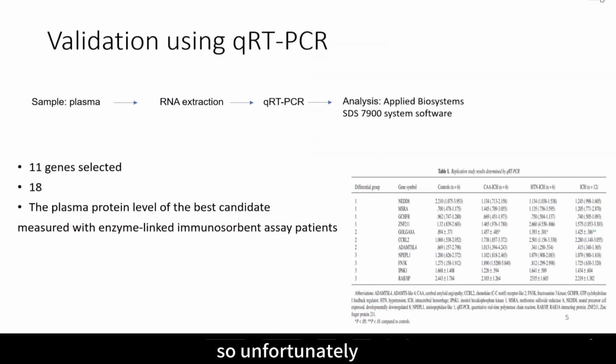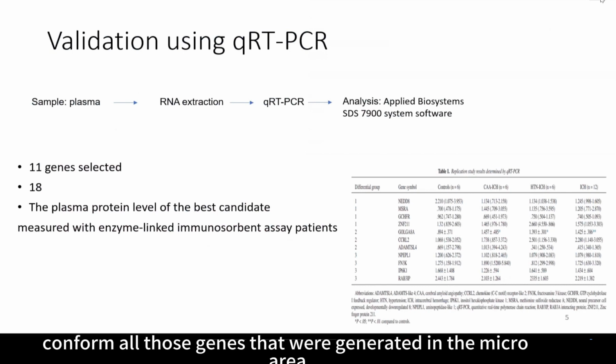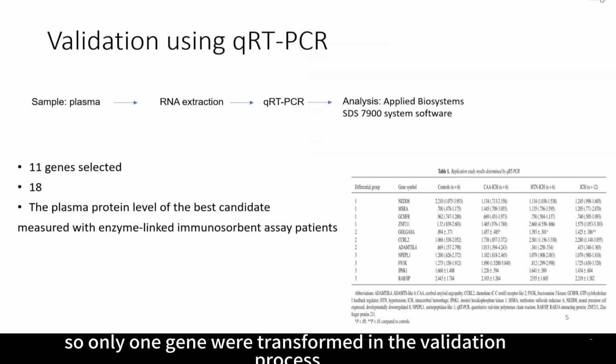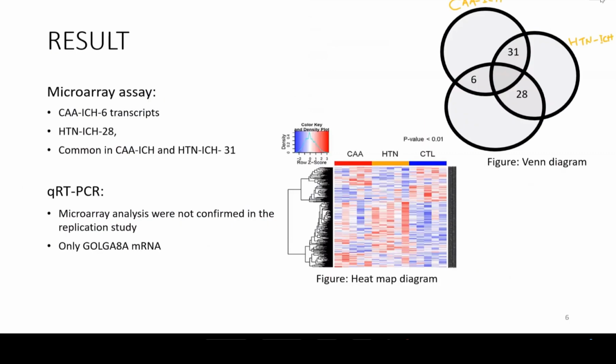Unfortunately, unlike in the microarray, in the validation process they could not confirm all those genes that were generated in the microarray. Only one gene was confirmed in the validation process. The result.